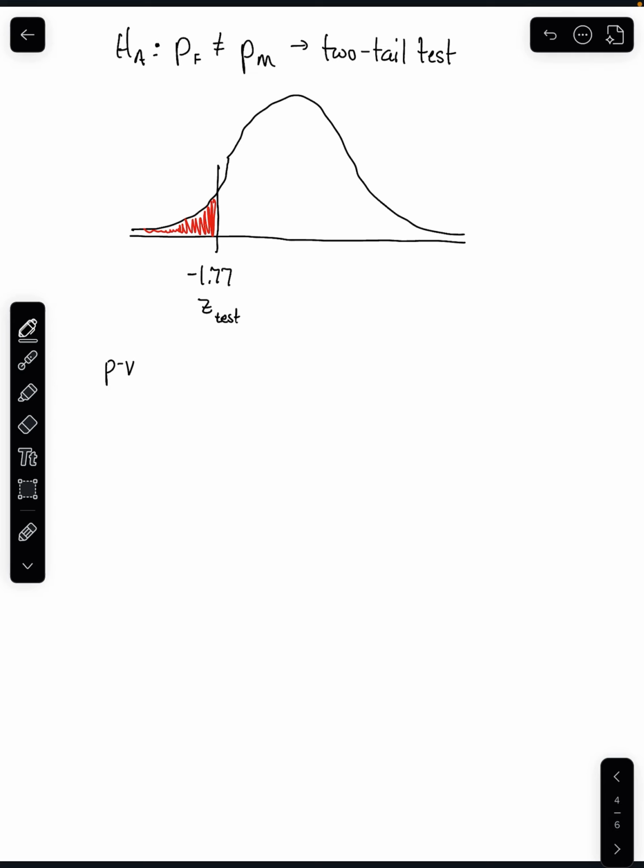Our p-value then will come from the probability of having a z-score less than negative 1.77. Now technically, again, we have more decimal places than that, but we can get away with the negative 1.77. That being said, going to the calculator, there's really no reason why we can't use more decimal places, why we can't use the full thing.